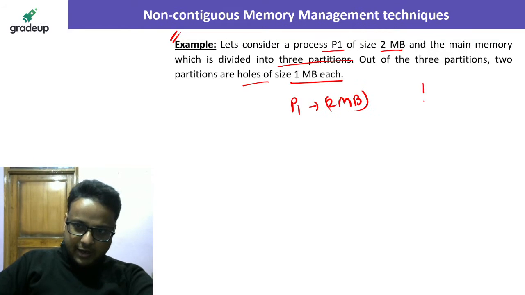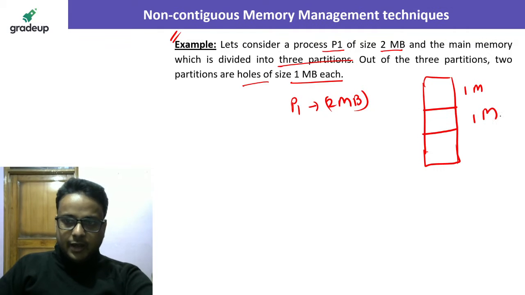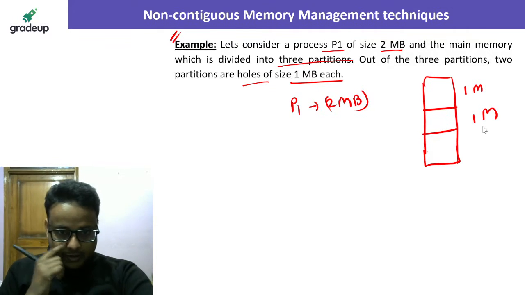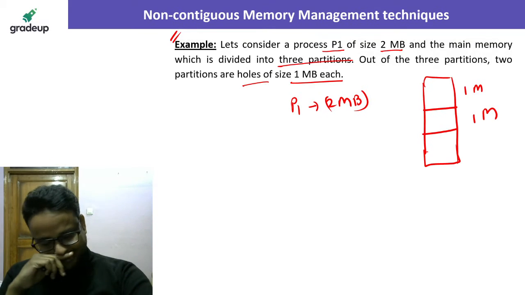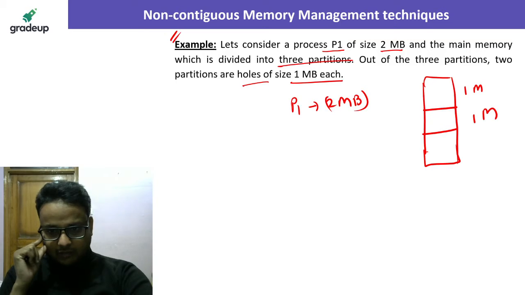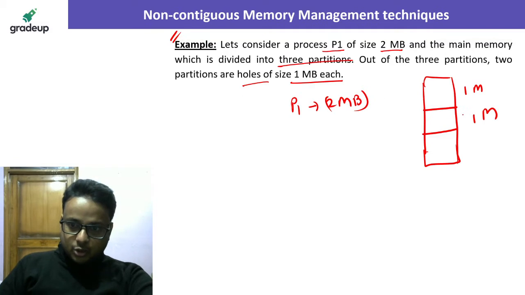This is the requirement, and we have main memory: 1, 2, 3. Out of 3, 2 partitions are 1 MB, 1 MB, and about the third they have not said anything. So P1 needs basically 2 MB, but actually we have only 1 MB contiguous.